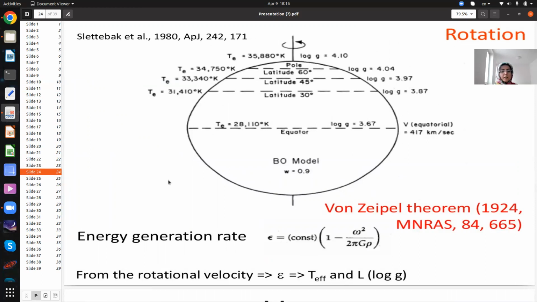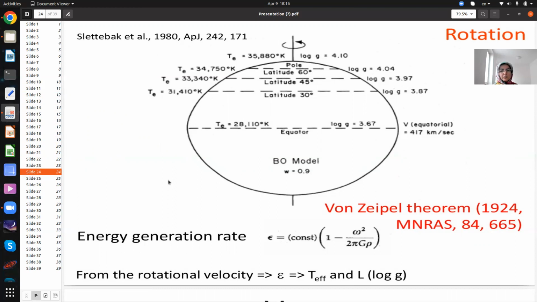And here we can say that in the pole there is more rotation to generate more flux energy in the equator, and the poles are the same. Scientists for a long time looked at the pole of Vega and they didn't see any rotation. But in fact, Vega has a high rotation at its equator.